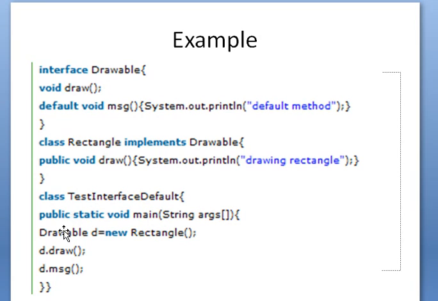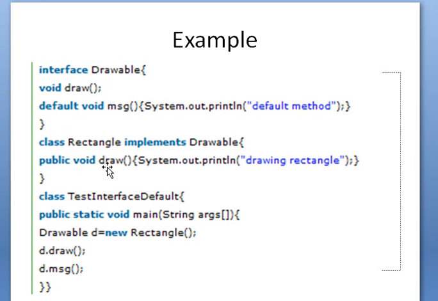Now in a test class, TestInterfaceDefault, inside the main method, we create an object of the Rectangle class with a reference of the interface. So d.draw will go here and process this method. But I want to utilize the message method also, and the Rectangle class has not implemented it here.